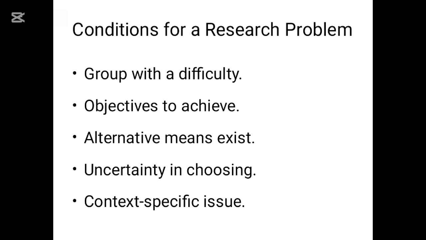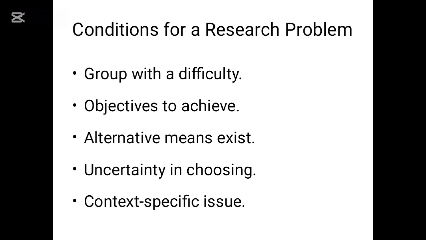However, a research problem exists if the following conditions are met. There must be an individual or group which has some difficulty or the problem, and there must be some objectives to be attained.